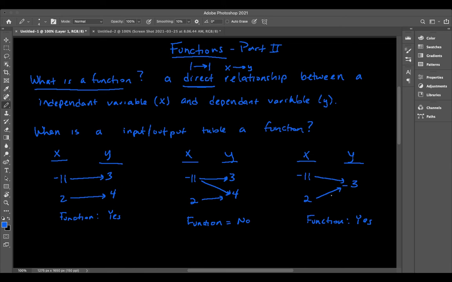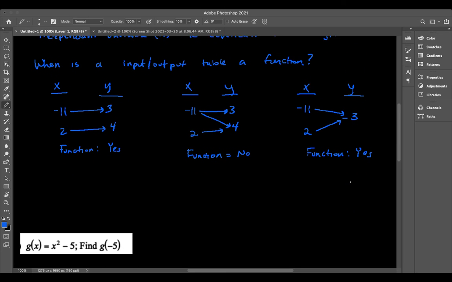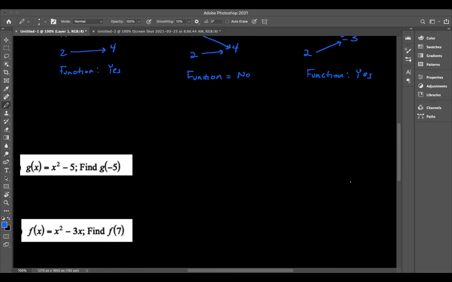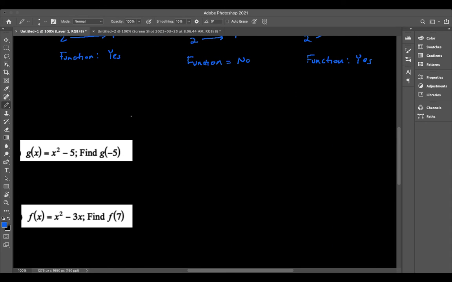But that is a function because again, negative 11 has a direct relationship with negative 3, and 2 has a direct relationship to negative 3 as well. So that would also be a function. Okay, so those are the three scenarios that you're possibly going to see, function, not a function, and vice versa. All right.